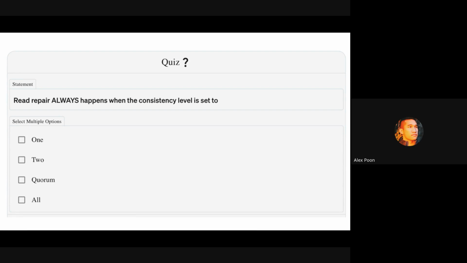The quorum consistency level, where a majority of the replicas must agree, doesn't inherently guarantee that all replicas are contacted during a read operation. Read repair can still occur at consistency levels other than ALL, including quorum, but it's not guaranteed to happen with every read operation.